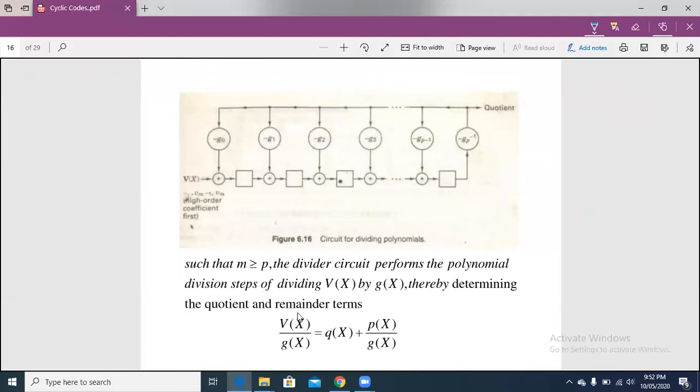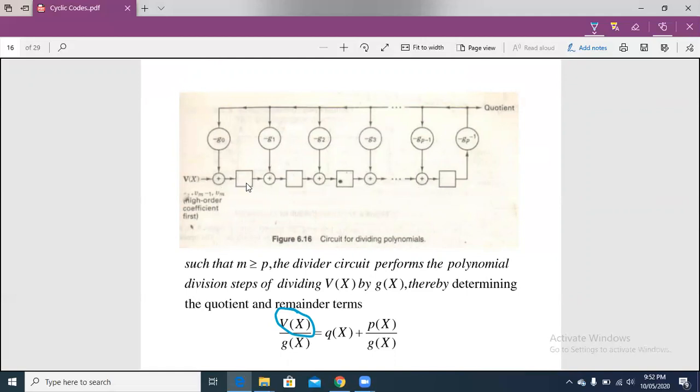So we input V of x 1 bit at a time into this shift register, and we keep shifting the message, or the shifted version of the message, until we move all the bits in.